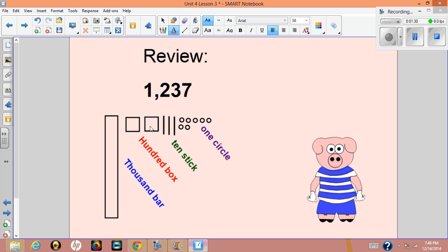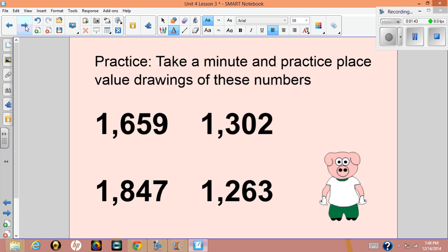We have 200 boxes representing the 200. We have 3 10 sticks representing the 30. And we have 7 1 circles representing the 7. If you would like to take a minute and practice making place value drawings of these standard form numbers, you can pause the recording.